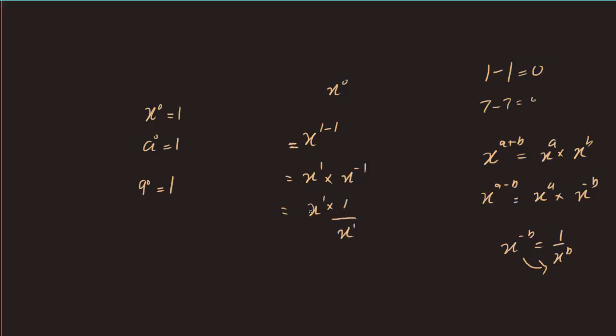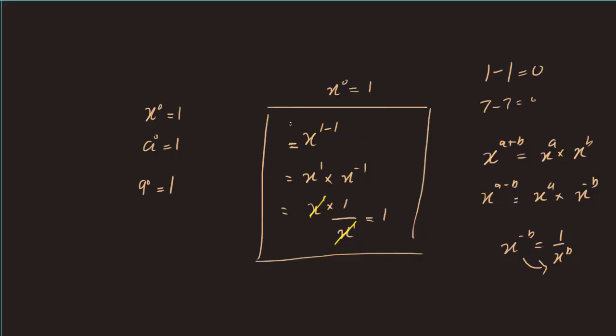Now they are the same variables, therefore they cancel out and the remaining is 1, there is no x power, just 1 remained. Now we got the result that whenever the power of x is 0, that will be equal to 1, and that is the procedure by which we solve it.